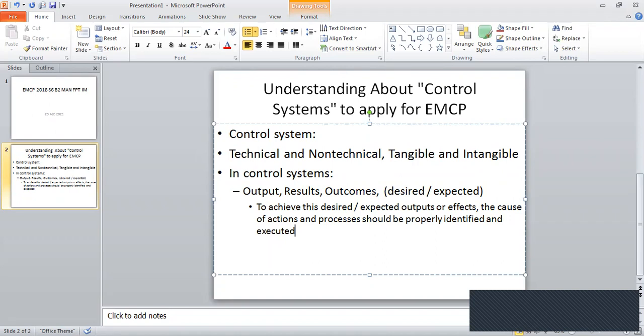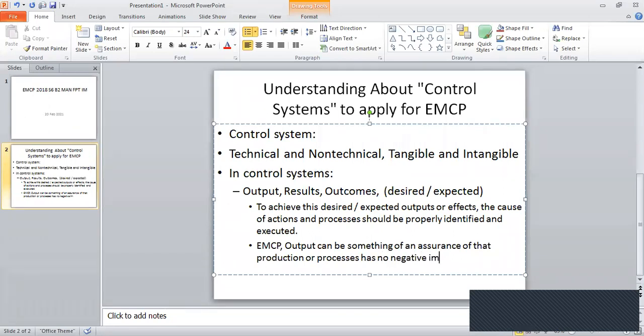Okay, that's right. So in the same way, in environmental management and clean production, our outcome or output can be something of an assurance that production or processes have no negative impacts.